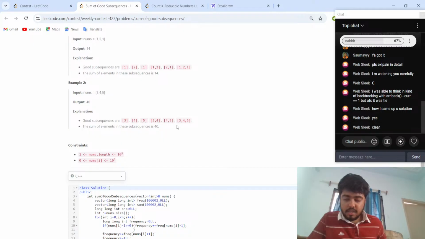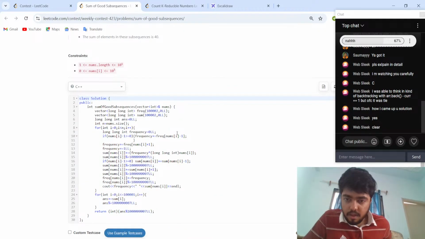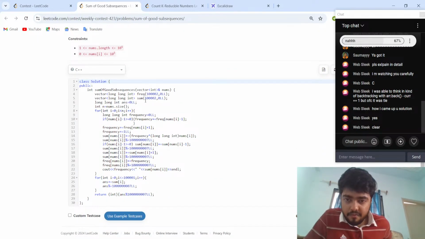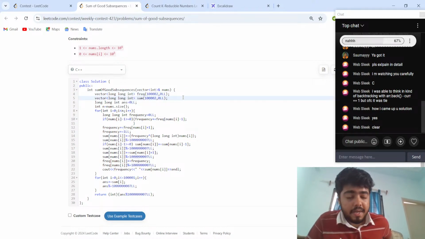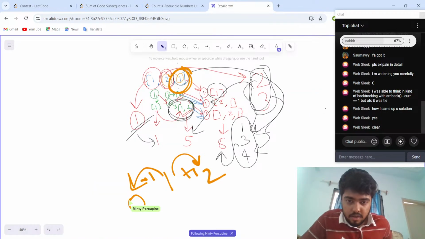Now let's go to the code. I'm having a frequency. Why do we need a frequency? Because frequency tells us how many times that number is added. So see over here, for 1 it was added 3 times, right? 1, 2, 3. This is what the frequency tells us.